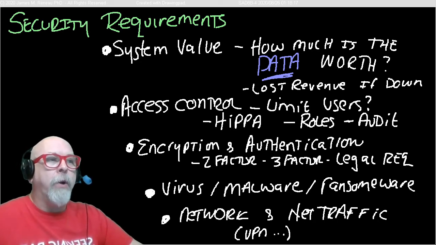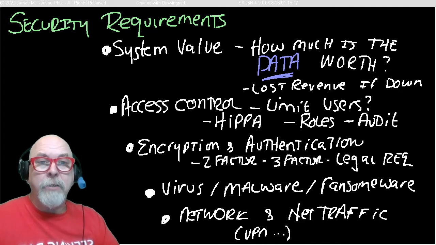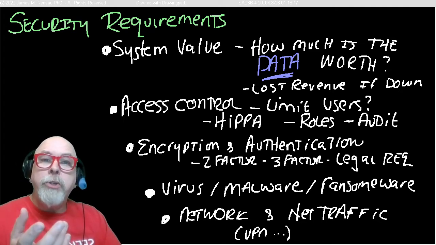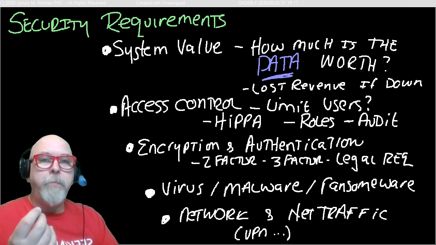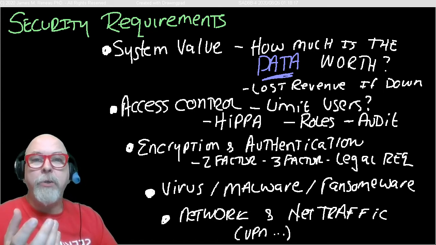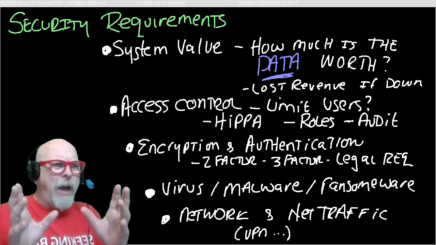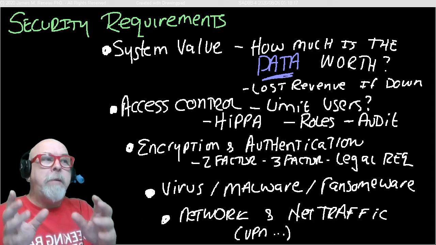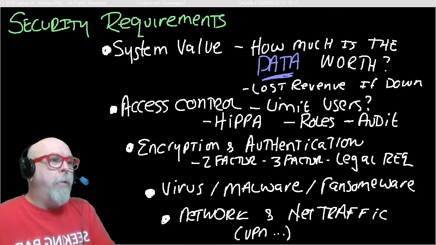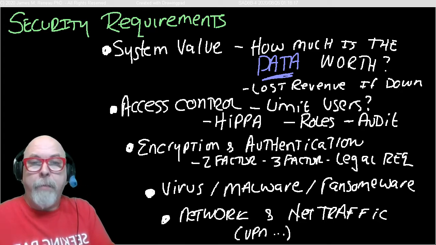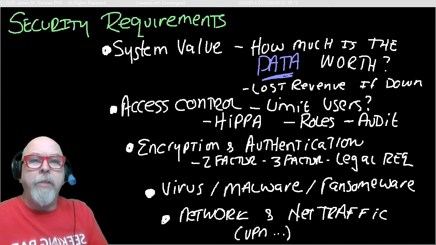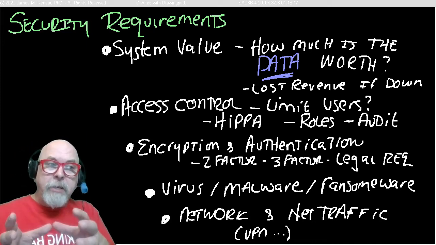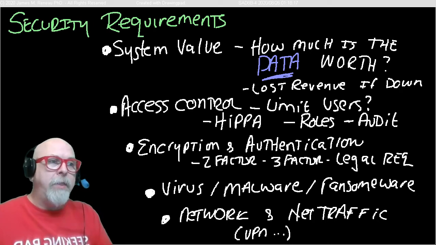Another thing that we need to worry about in security is access control. A user should only be able to access the parts they're supposed to. We should bake access control into our software, not try to cobble it on after the fact. It should be built in from the very beginning. Maybe you have HIPAA problems, which is medical privacy data, the Health Information Patient Privacy Act, a U.S. federal law that says that patient data can only be used for certain things.